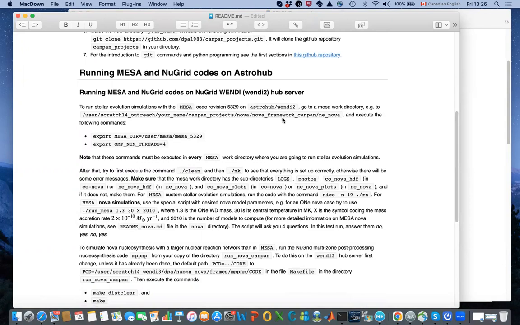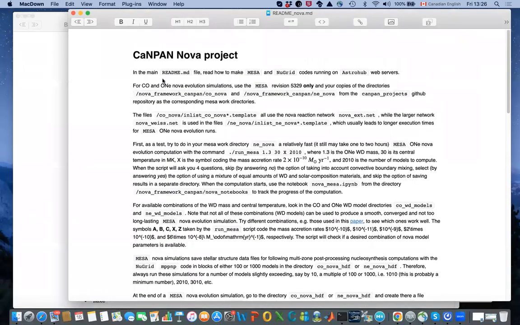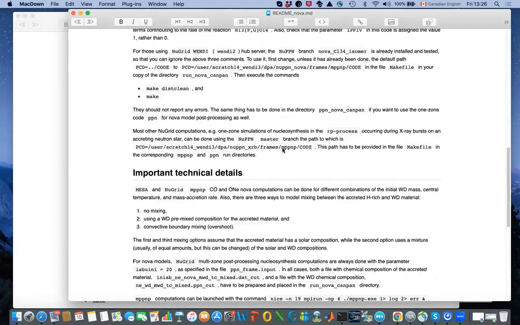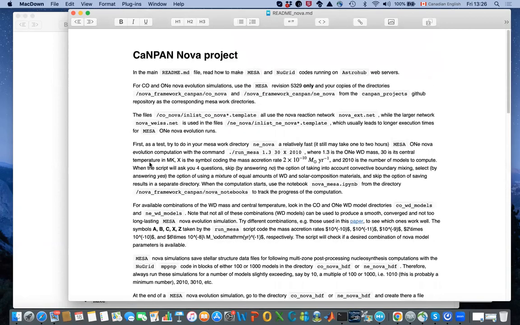And then you go to the NOVA subdirectory of the repository. There is a README file that explains all details, how to run both nova stellar evolution computations with MESA, followed by multi-zone post-processing computations. So I'm not going to read all these details right now. You can read this later and ask me questions if you have any.